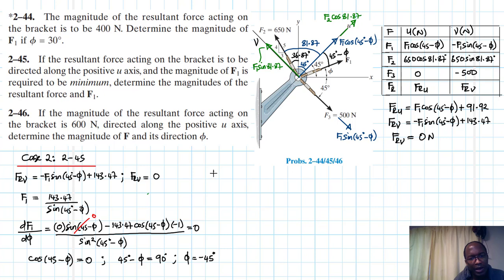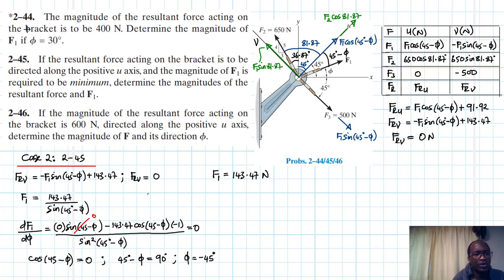Therefore our F1 is just going to be equal to 143.47 newtons, right? If we plug in minus sin 45, then we'll have sin 90, and sin 90 is equal to 1. So this is the minimum value of F1.